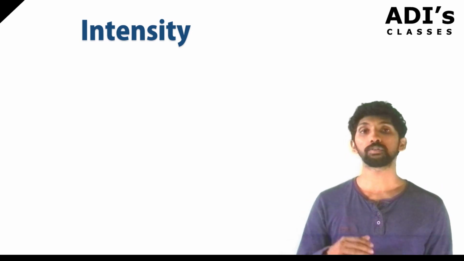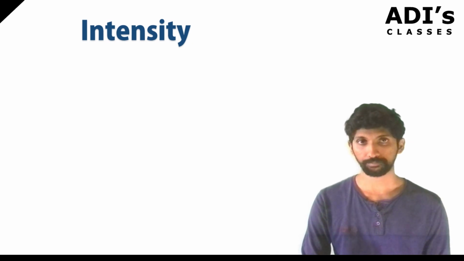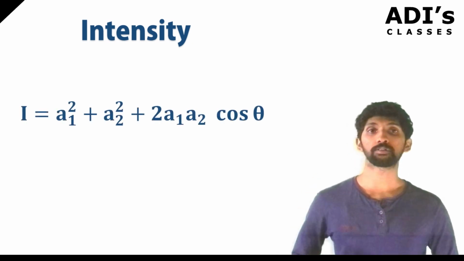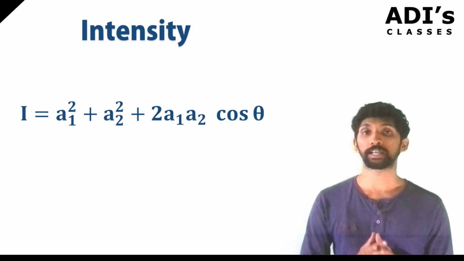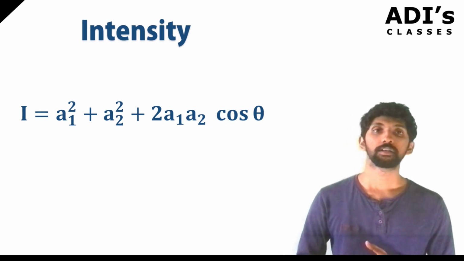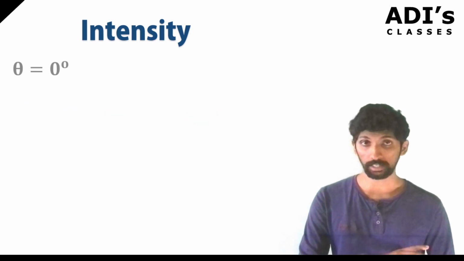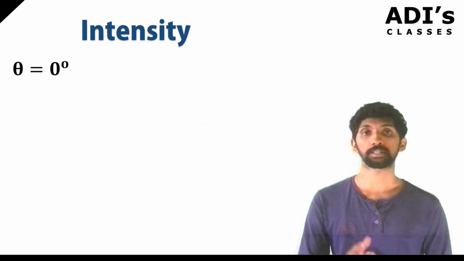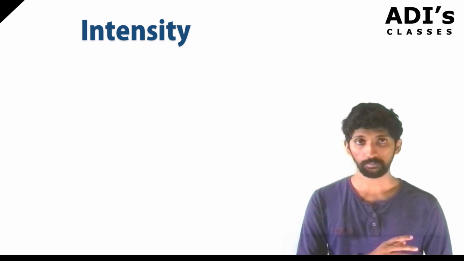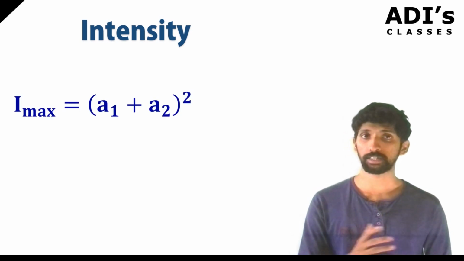Then we moved on to how the intensity works out, right? For intensity, we have I is equal to a1 square plus a2 square plus 2a1a2 cos theta, correct? If cos theta is 1, then we have a1 square plus a2 square plus 2a1a2, which is nothing but (a1 plus a2) whole square.